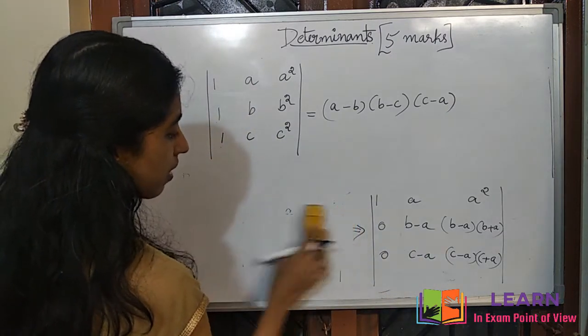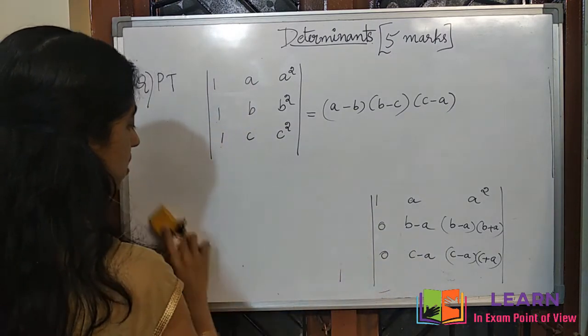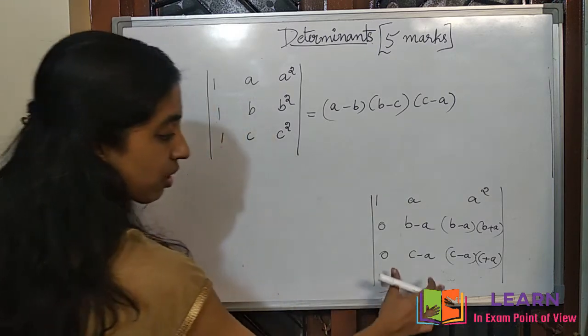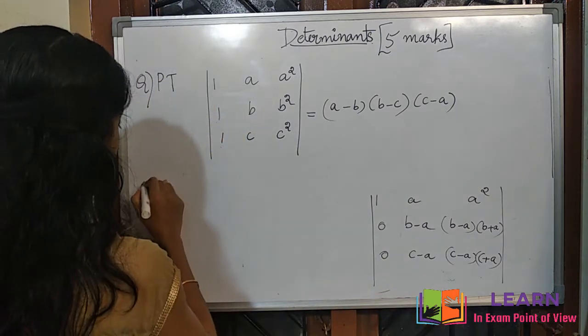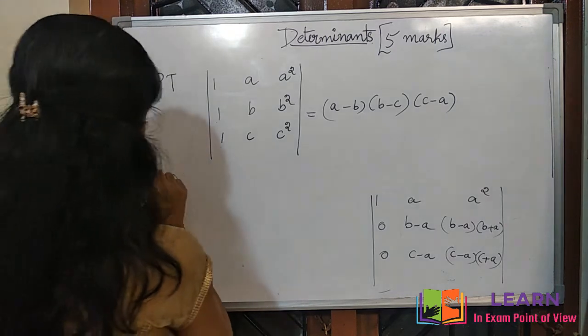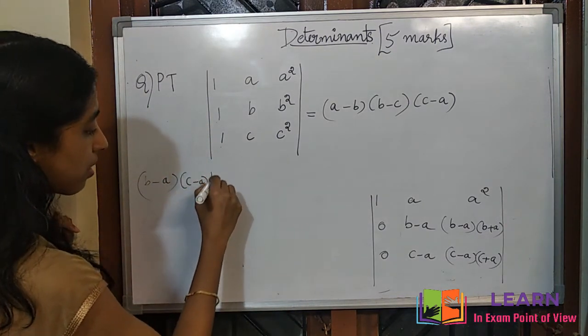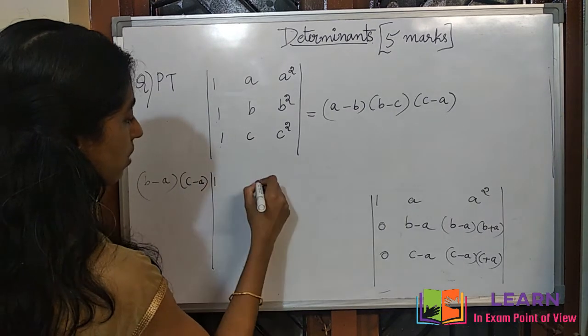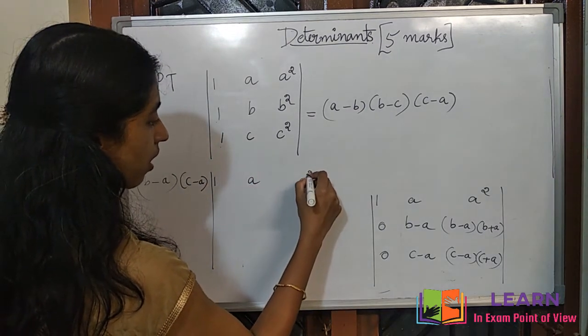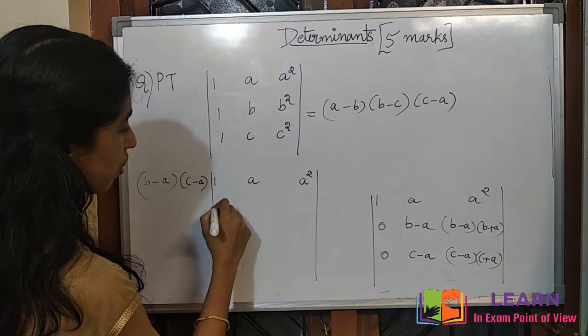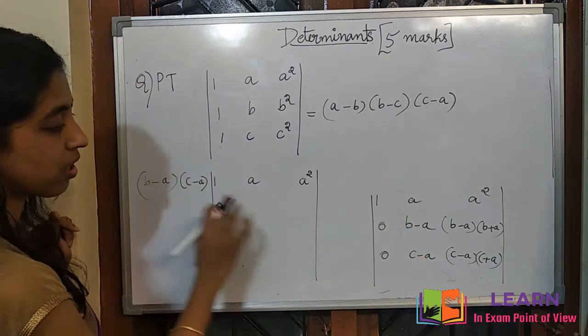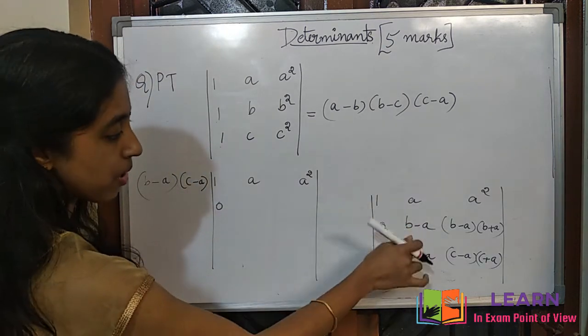So we will get the new determinant. We are taking b minus a and c minus a outside, which are common. So we will get 1 a square. Then 0, when we take b minus a outside, here it will become 1.